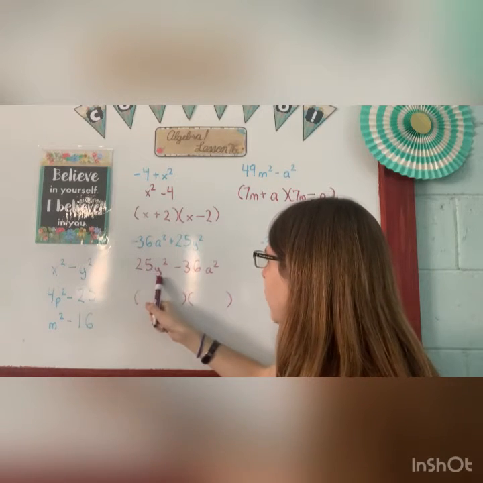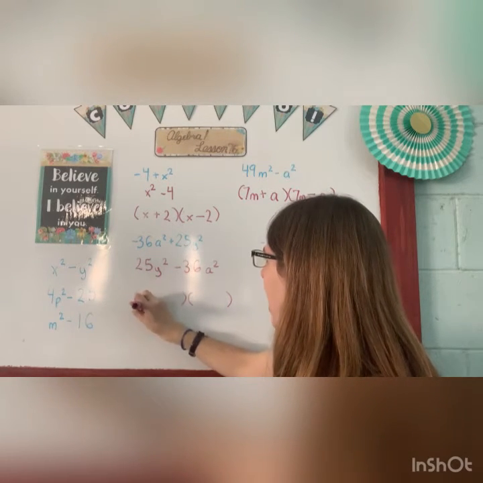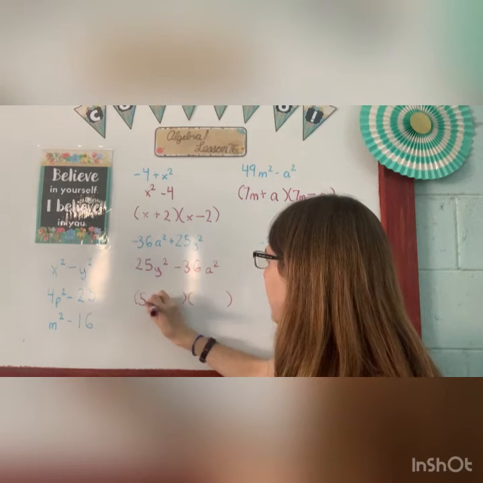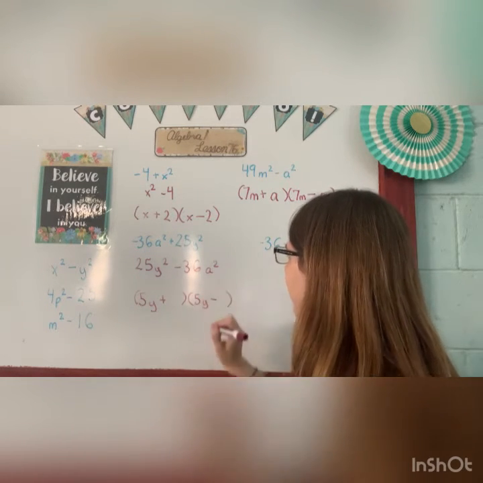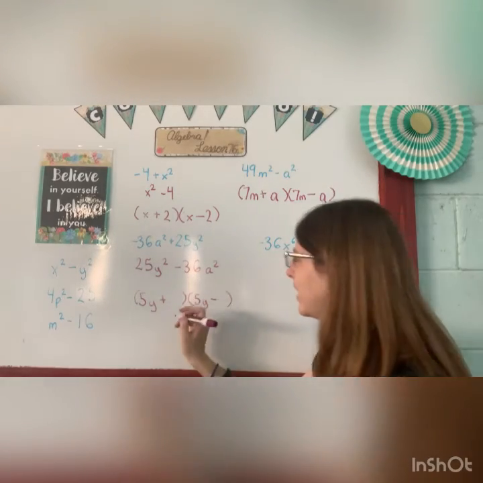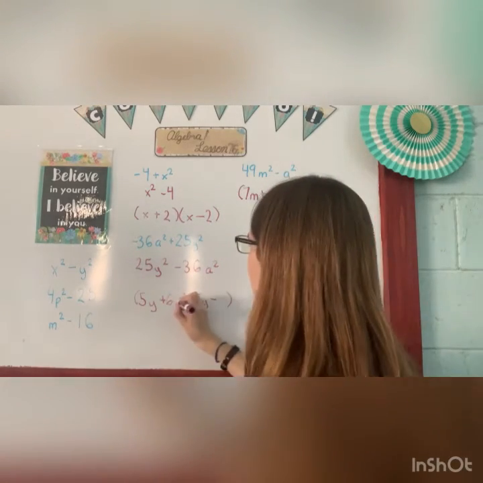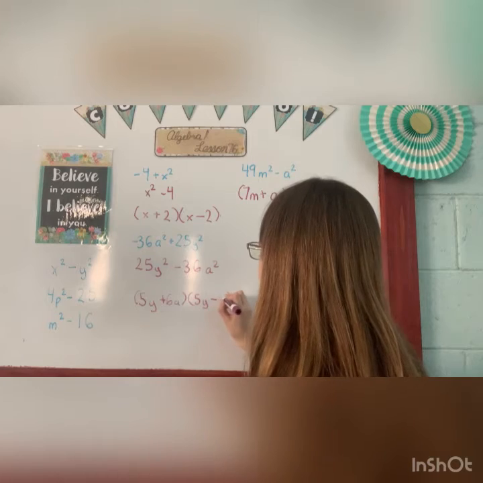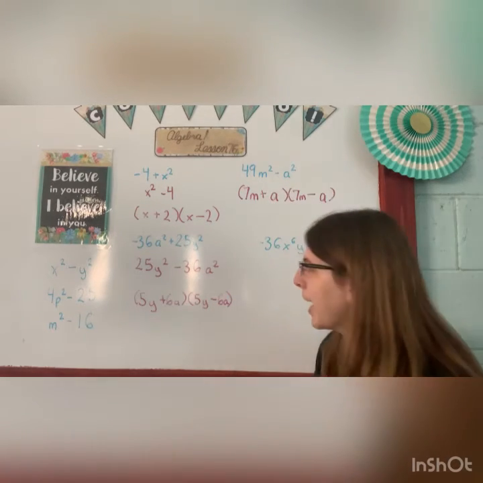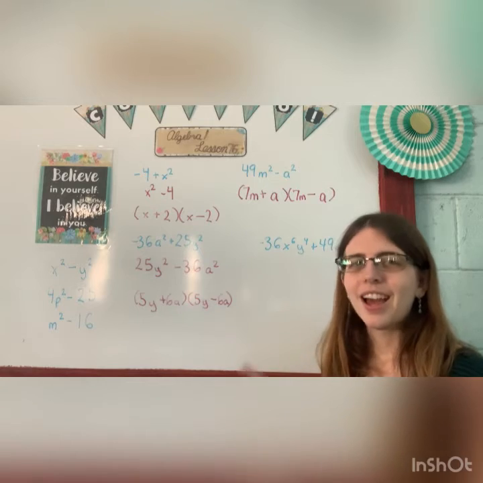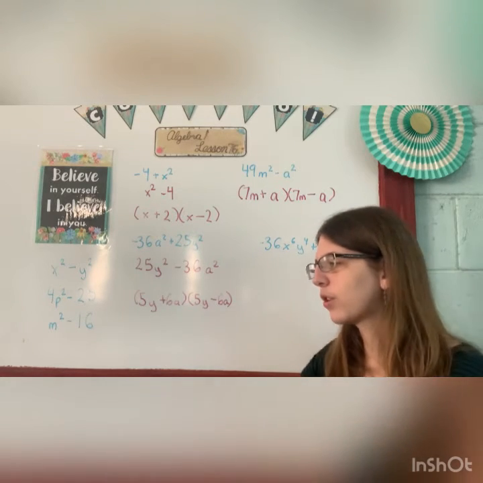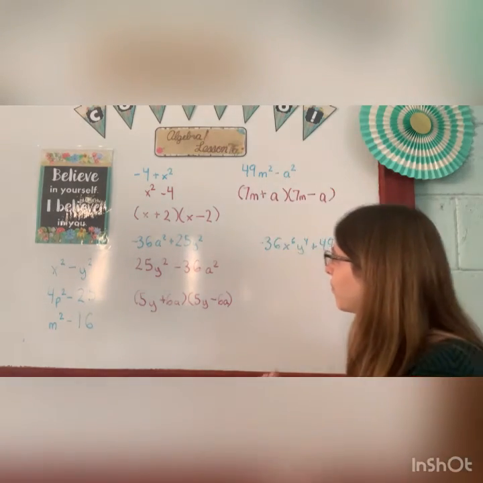Square root of 25y squared: square root of 25 is 5, and y squared is y. So that means you have 5y in the front. Then the square root of 36 is 6. Square root of a squared is a. So 5y plus 6a, 5y minus 6a. How you doing so far? So far, so good?